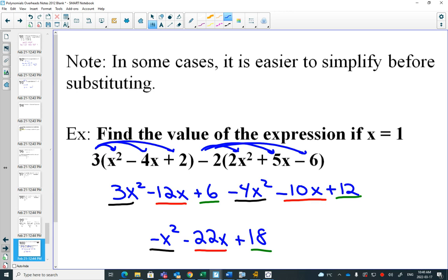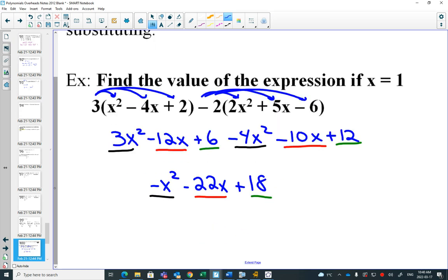If you simplify first, then when you plug in 1, wherever there was x, you plug in the 1. This one's important to do this because notice here it's a negative x squared. Is this negative sign getting squared? No. Only the x is getting squared.